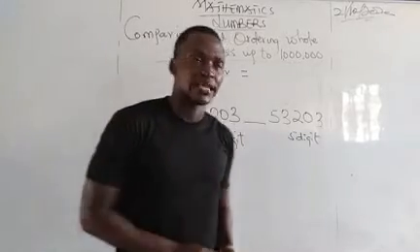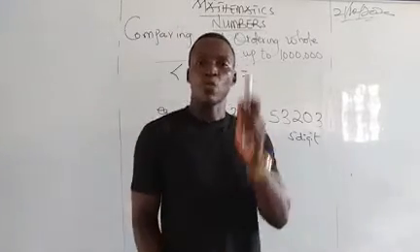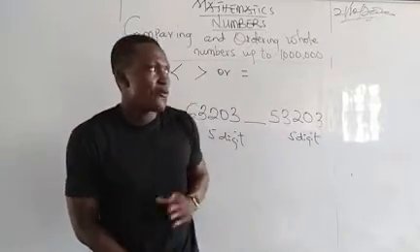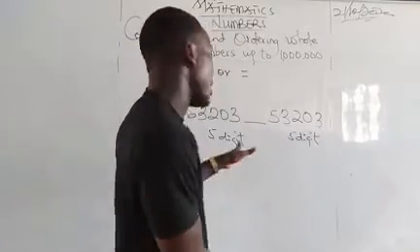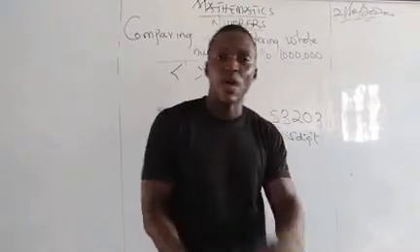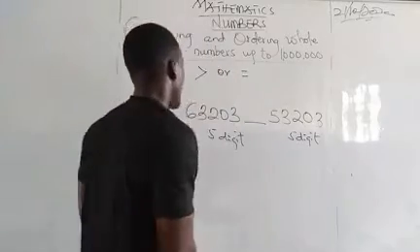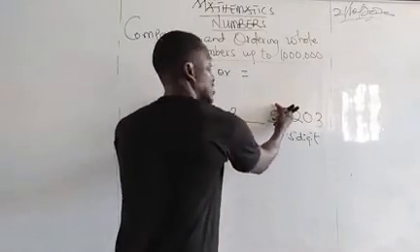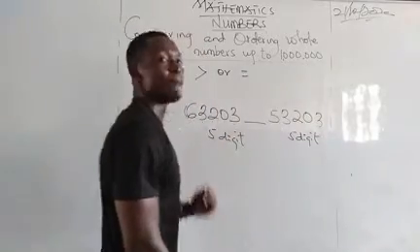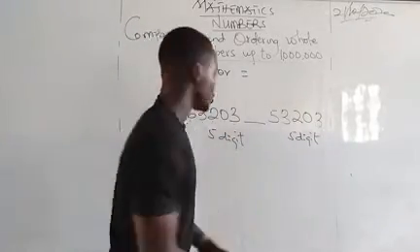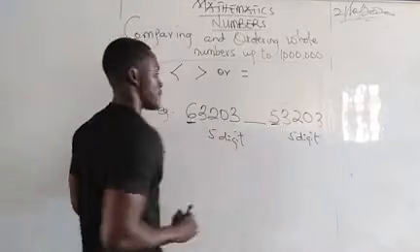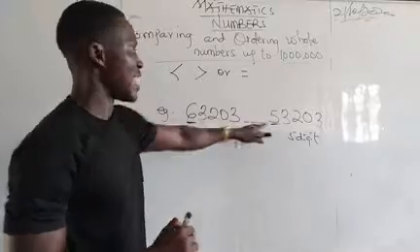So the second rule says now we are going to compare them digit by digit. We start from our extreme left hand side and compare the digits one by one. So we take our 6 and the 5.